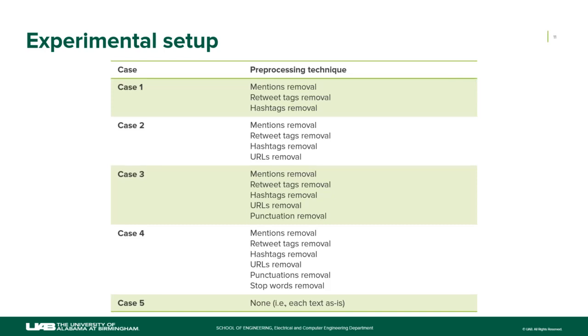In case 2, we added URLs removal as an additional common pre-processing technique. In case 3, we added punctuation removal, and the stop words were removed in case 4. In the last case, case 5, we did not apply any pre-processing technique, aiming to examine the effect of that as well.